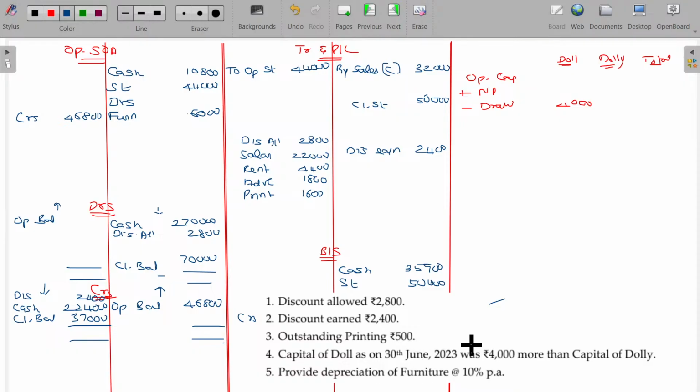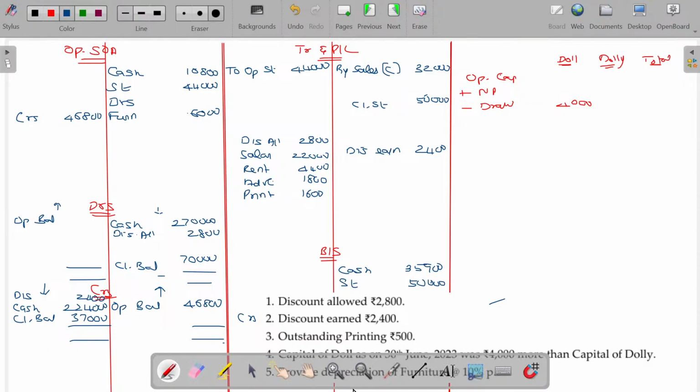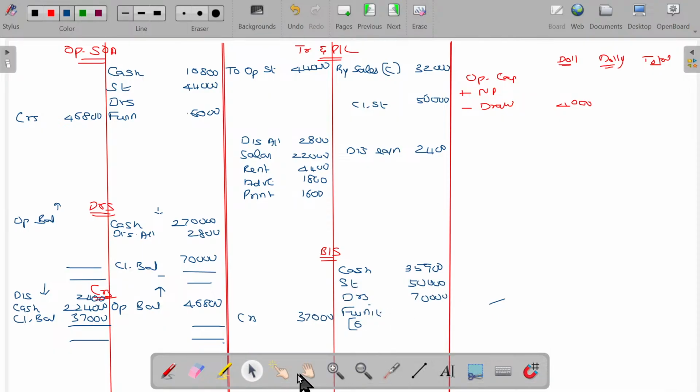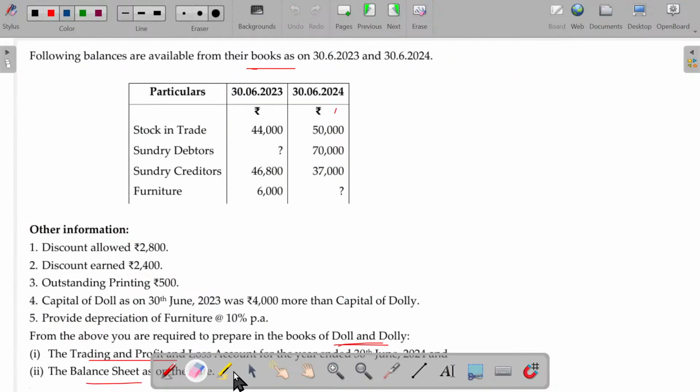Printing outstanding expenses: 1,600. Three, 4, 5 only.